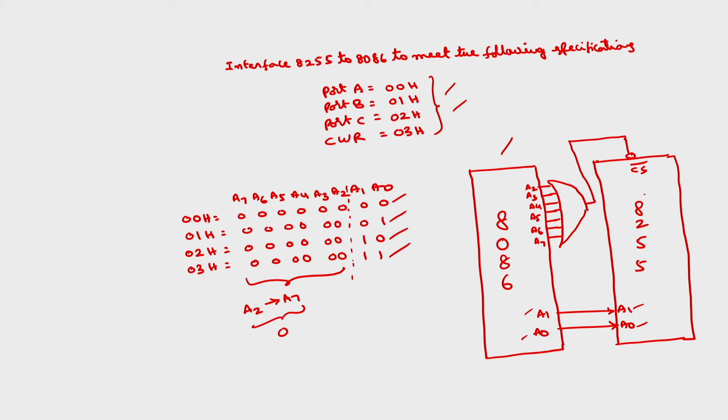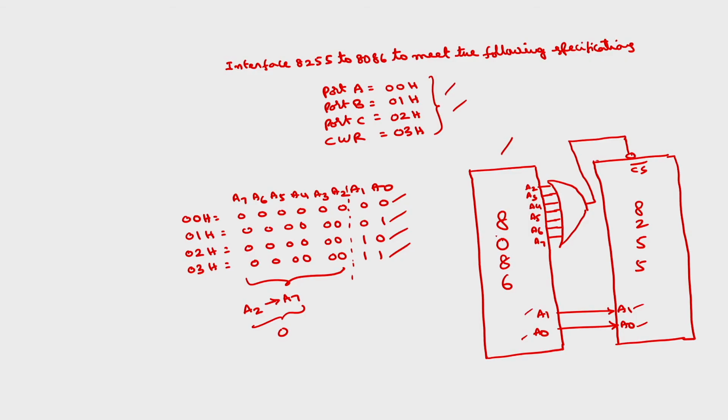The reason is this: input output devices operate on some electrical characteristics, whereas 8086 operates with some other characteristics. Because of that there will be some mismatch. So in order to match the electrical characteristics of 8086 with input output devices, we need interfacing circuitry such as 8255.